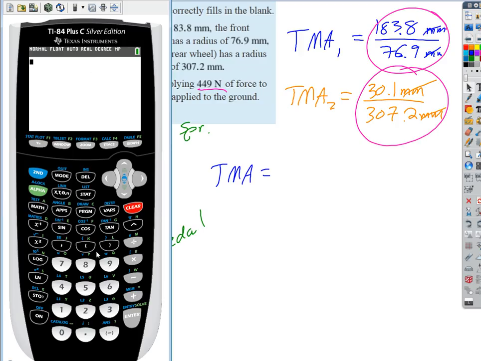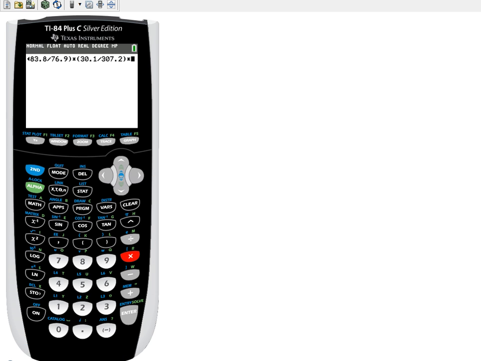I'm just gonna say the quantity 183.8 divided by 76.9 times the quantity 30.1 divided by 307.2 times, what was the efficiency again? 0.959 should give me the overall mechanical advantage, which is that.